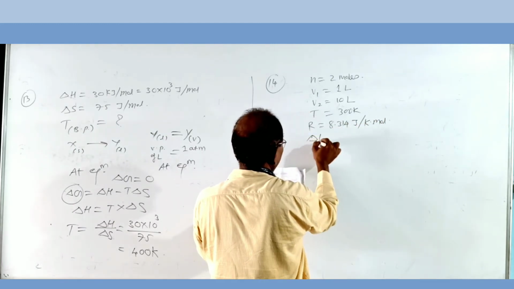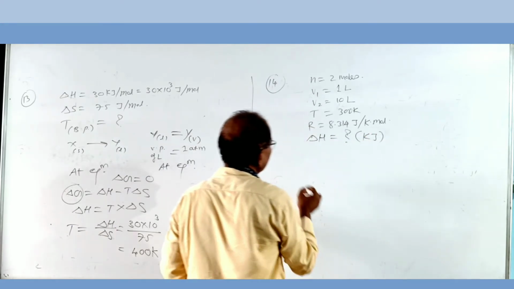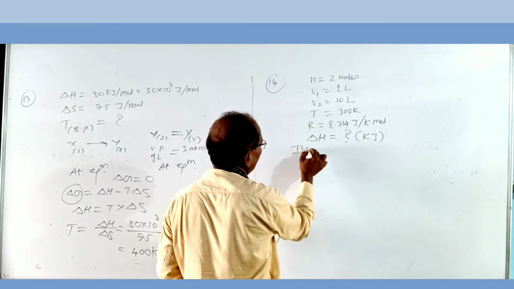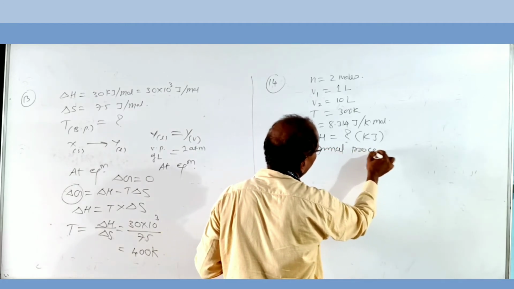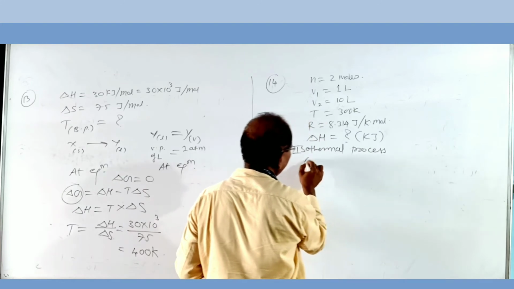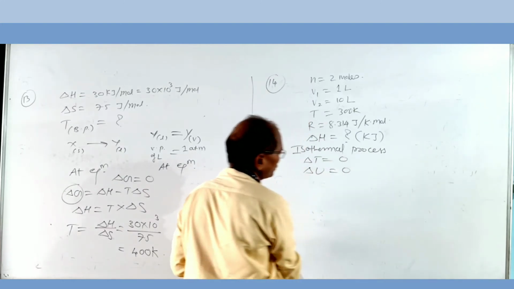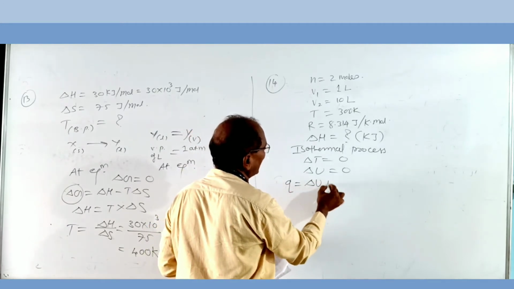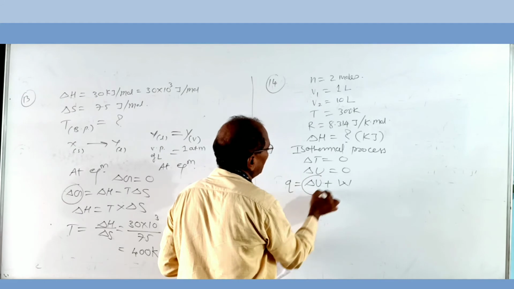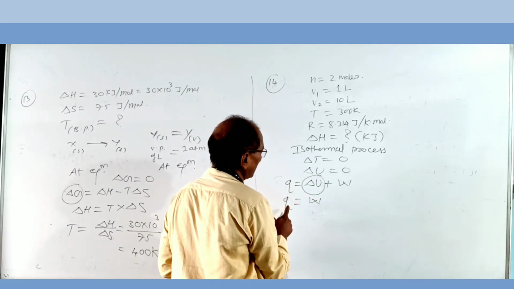What is the delta H in kilojoule? Here it is an isothermal process. Isothermal process means delta T is equal to 0, delta U is equal to 0, and we know that Q is equal to delta U plus W. But delta U is equal to 0, so Q is equal to W.